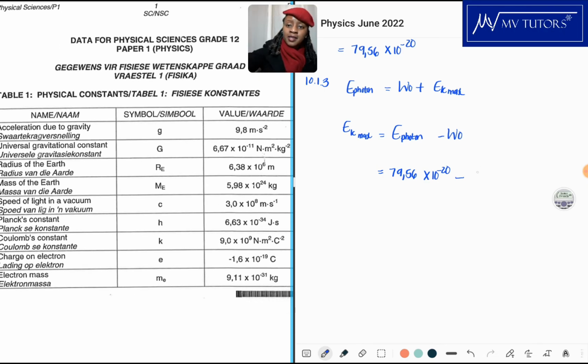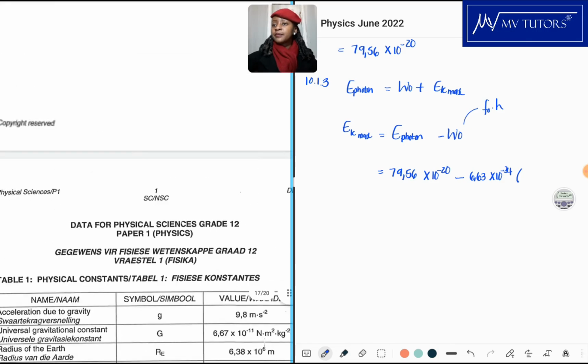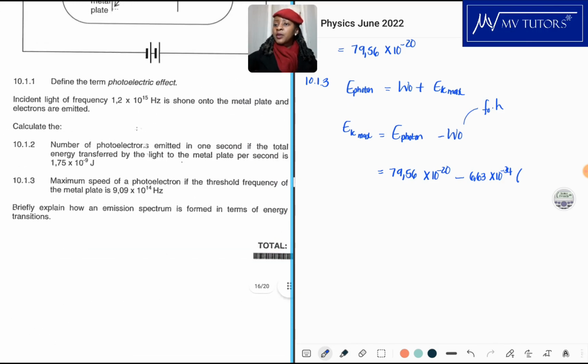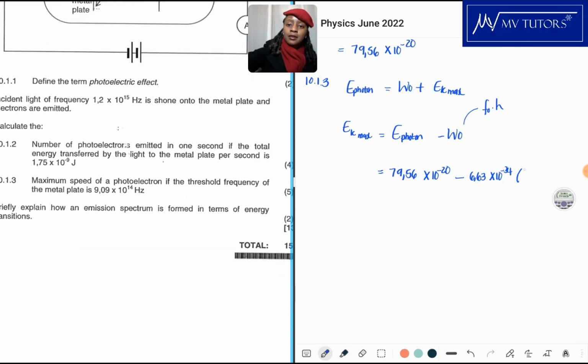But while we're passing, let's just put in Planck's constant, 6,63 times 10 to the negative 34. And then we're going to multiply it by, so remember, work function is the threshold frequency times Planck's constant. So the threshold frequency that they gave us is 9,09 times 10 to the 14.